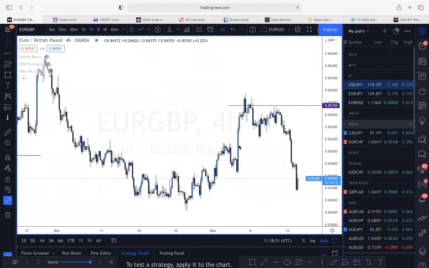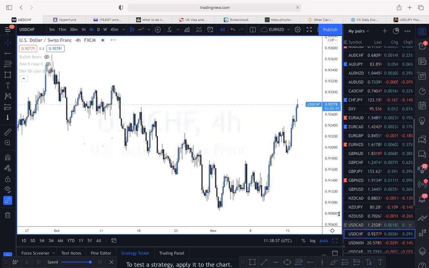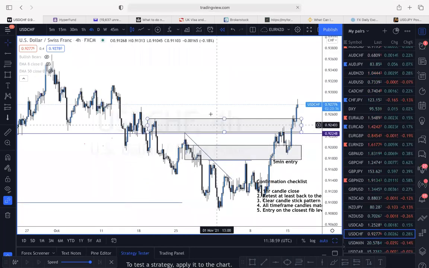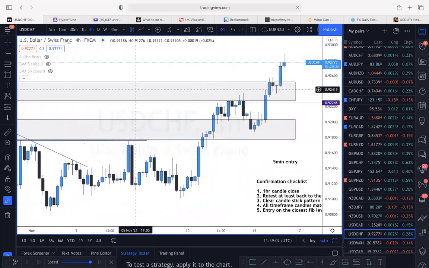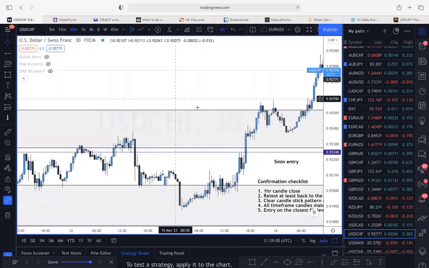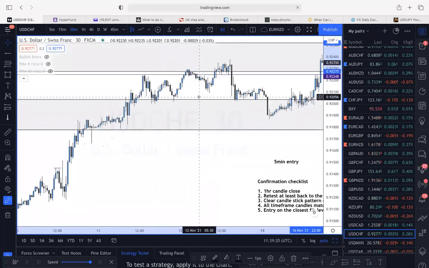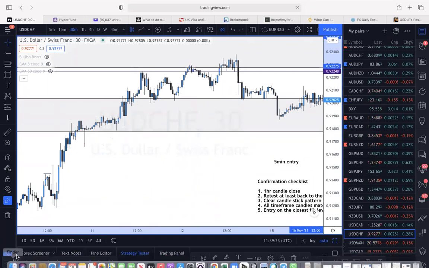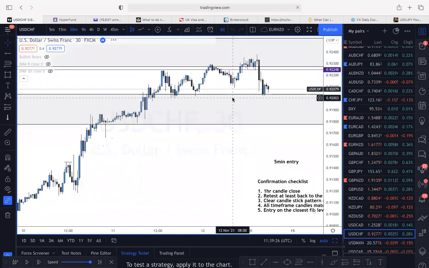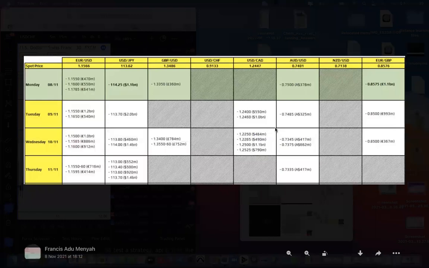Yesterday, I gave a value on USD CHF. Was it yesterday? I think yes, it was yesterday. I gave a value on USD CHF, and that was around here. I don't really remember. Let's go back on the options chart.